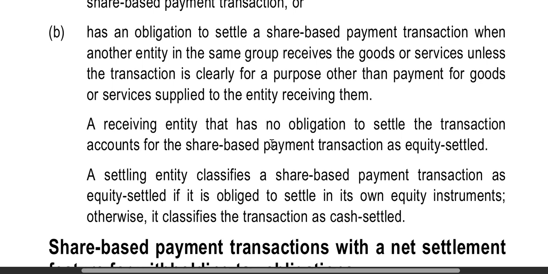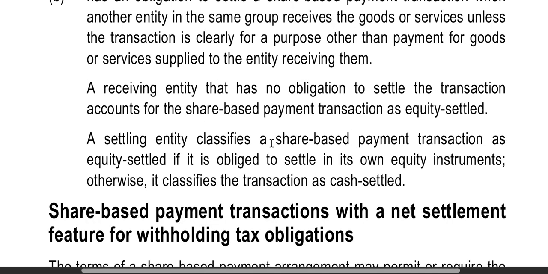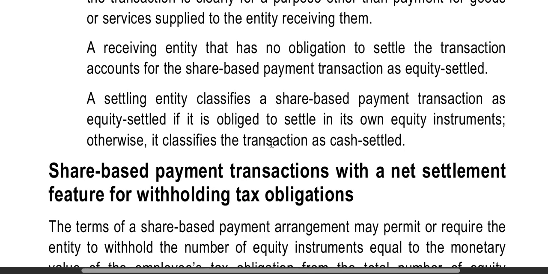A receiving entity that has no obligation to settle the transaction accounts for it as equity settled. A settling entity classifies the transaction as equity settled if the obligation is to settle in its own equity instruments; otherwise it classifies the transaction as cash settled.